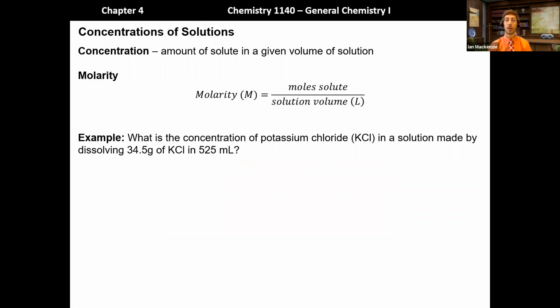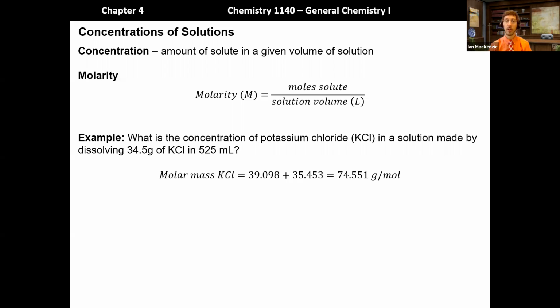So let's go through a couple examples here. What is the concentration of potassium chloride in a solution made by dissolving 34.5 grams of KCl in 525 milliliters? Well, what we have to do first is figure out the number of moles of KCl we have, and convert our solution volume to liters.